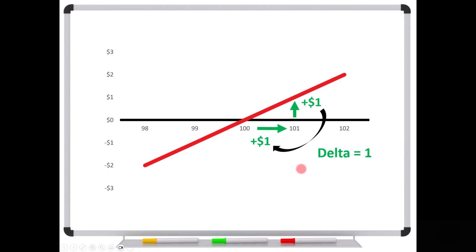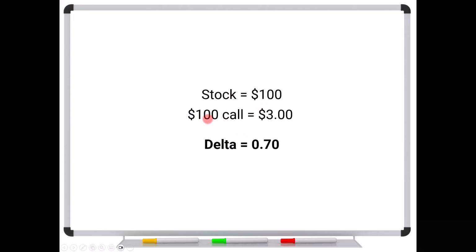And that's always going to be true no matter from which stock price to which stock price we move, up or down. It's always dollar for dollar. But we're going to find out that's not always true for options. So for instance, let's say that we have our stock at 100 and you buy the $100 call for 3, and your broker's platform says that its delta is 0.7. What this means is that this option is going to pick up about 70% of the next move in the stock.